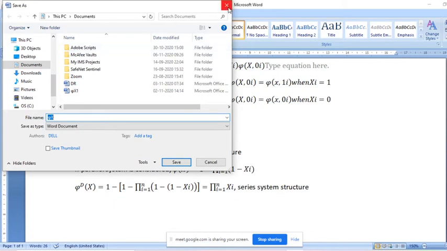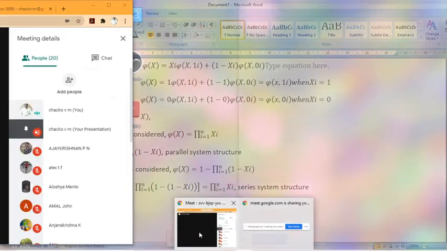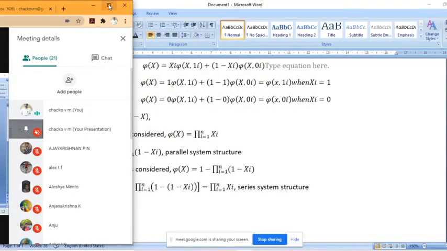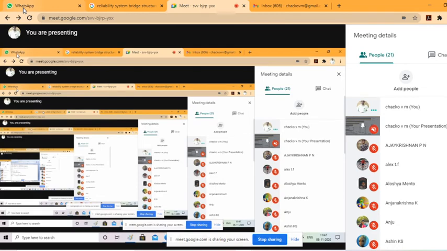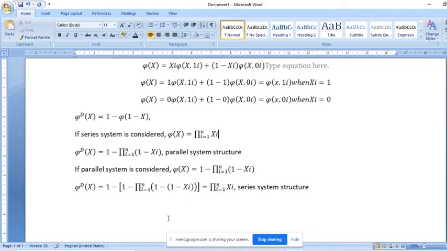I will show that. Let us take a print screen and I will send you this dual concept on your WhatsApp group. Okay, it is not available now. Anyway, we will send it, no problem.